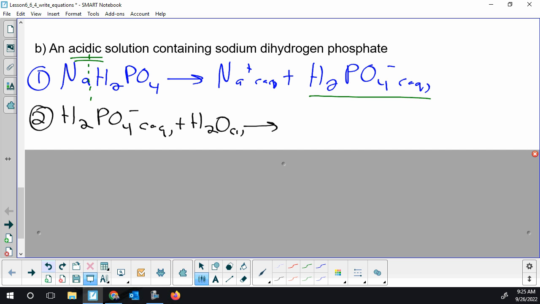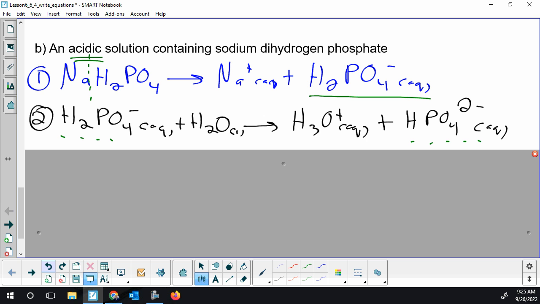Send 3 H's to water in total. So the dihydrogen is going to go down to monohydrogen, just 1. The charge is going to drop by 1. And again, if you were doing this yourself, both of these green dotted underlined species are in your data booklet to kind of double check charges if you weren't sure.